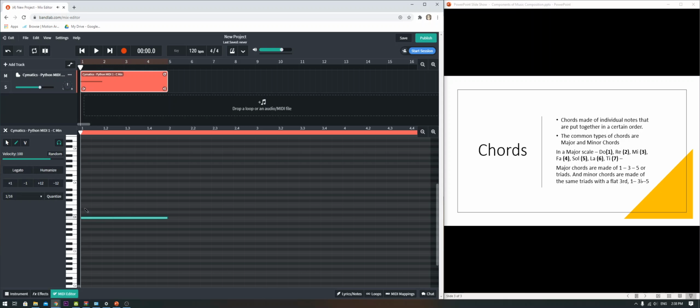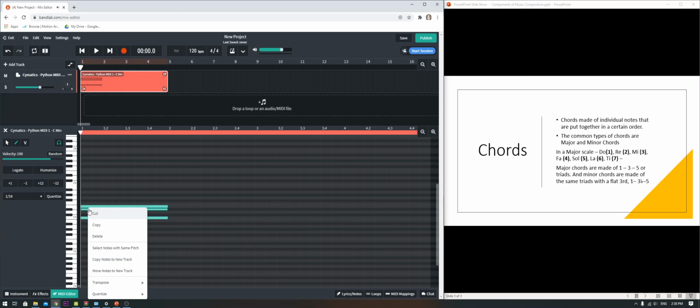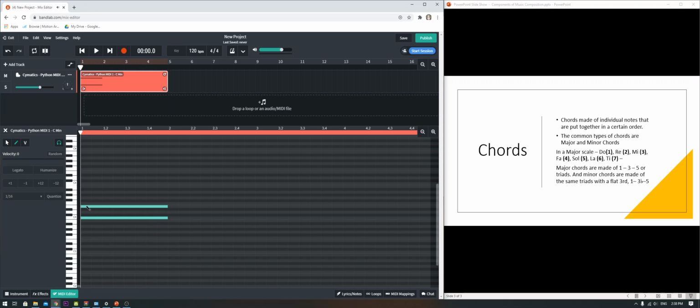One, three, and five. Okay, so this is C major.